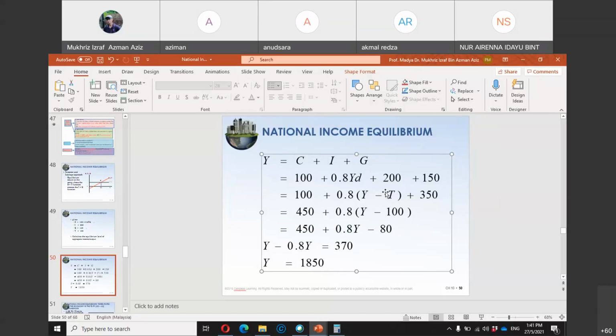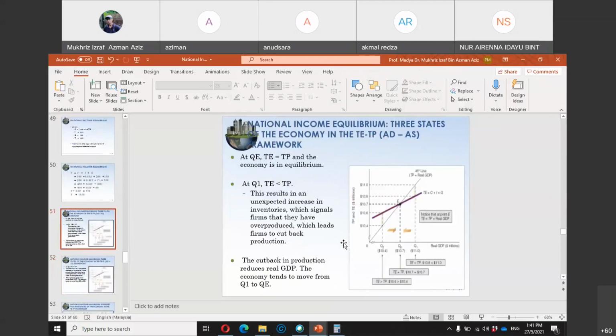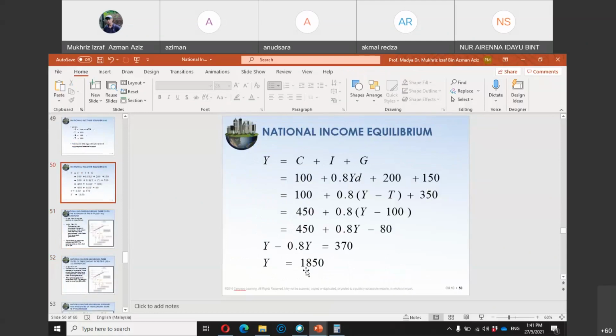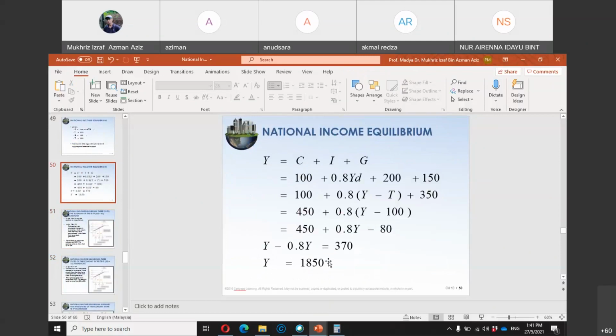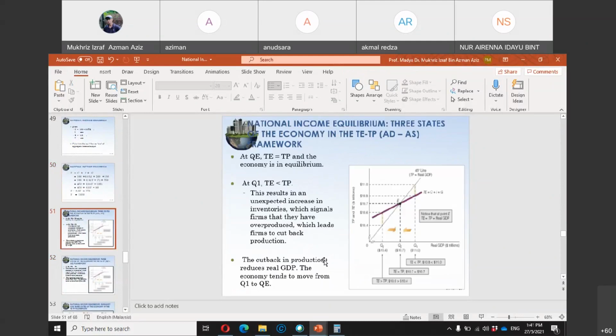That's why you need to subtract the tax value. So Y minus T is disposable income. Remember that from this example, Y is 1850. We will go back to this example in the next few slides and use this value again.